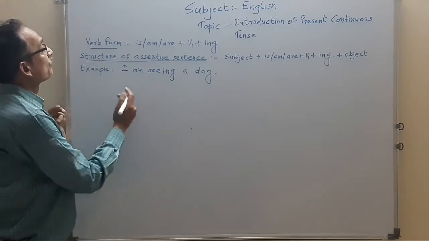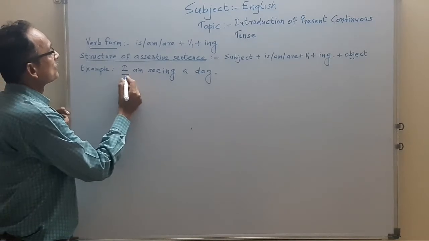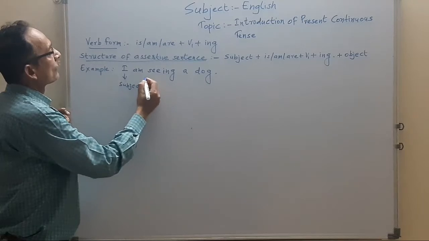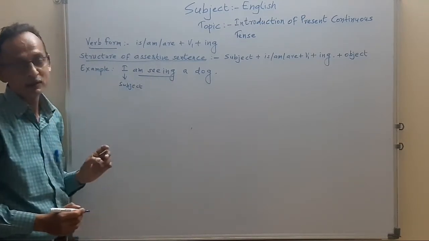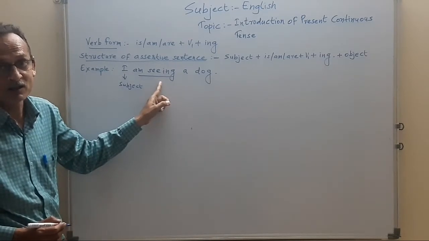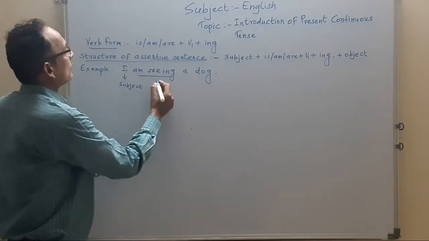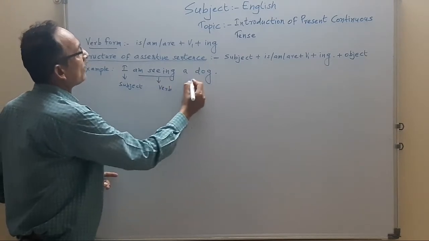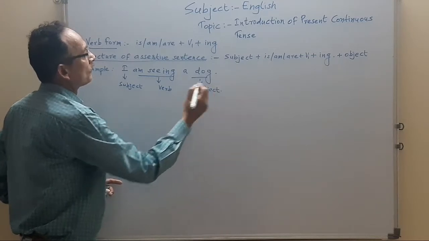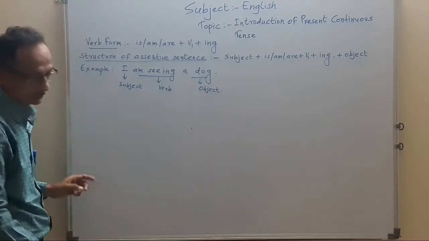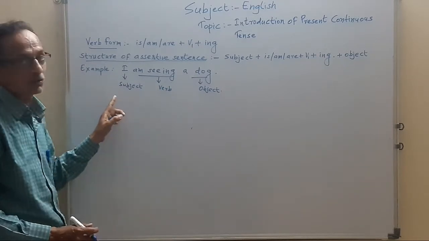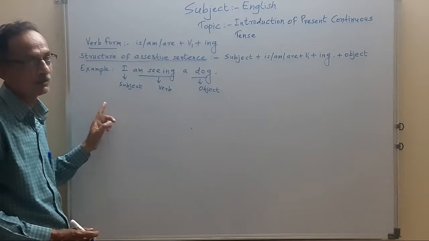So we see that I is the subject, am seeing is the verb, and the verb is in present continuous tense. That is the verb and that is the object. So this is the introduction of present continuous tense.